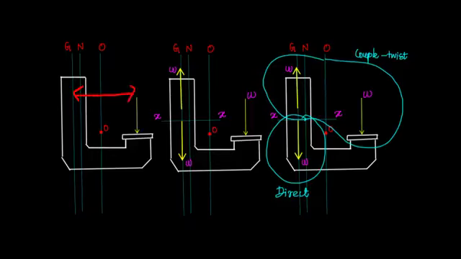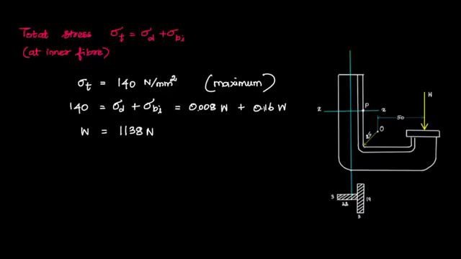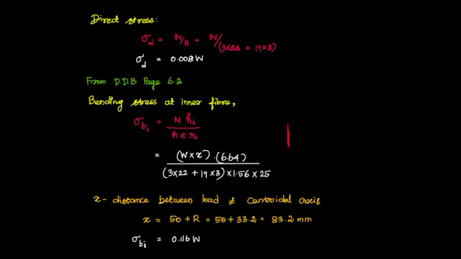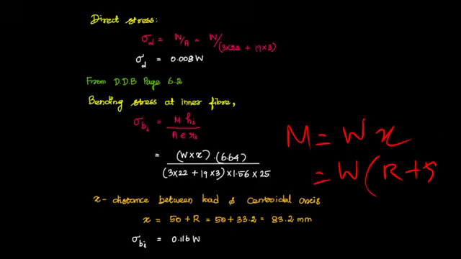The distance from the center of curvature to the load is already given as 50, and the center of curvature to the centroidal axis is capital R. So x is equal to capital R plus 50. Here the bending moment M is equal to W into x, and x is equal to R plus 50. R is equal to 33.2, plus 50, that is 83.2.